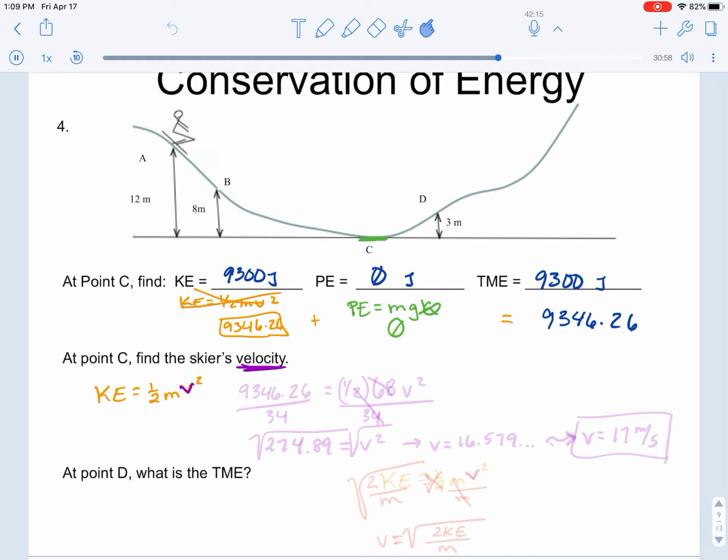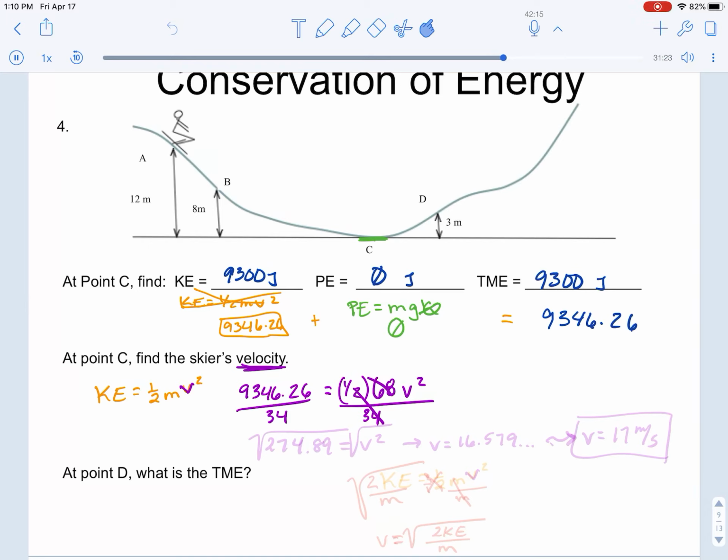Okay. So for those of you who like to plug your numbers in first, here's how that would look. It would be 9346.26. Remember, use those unrounded numbers in all continued problems. 1/2 of 68 times v squared. So 1/2 of 68 is 34. So divide both sides by 34.